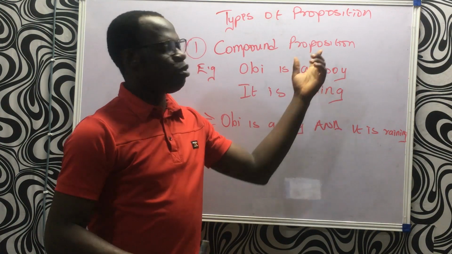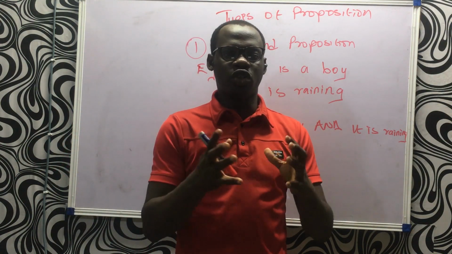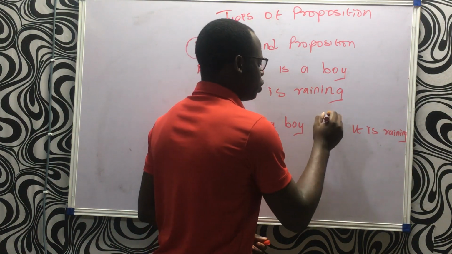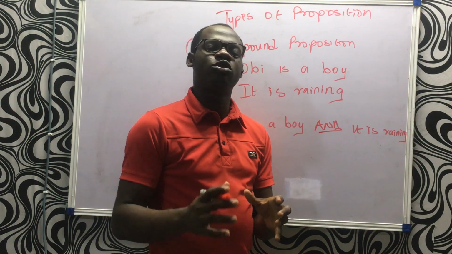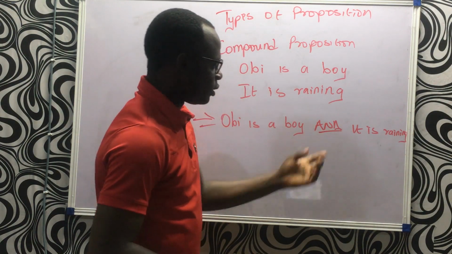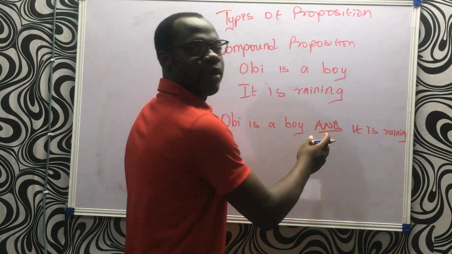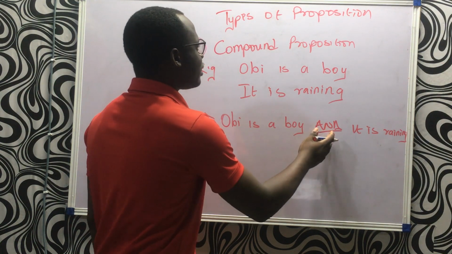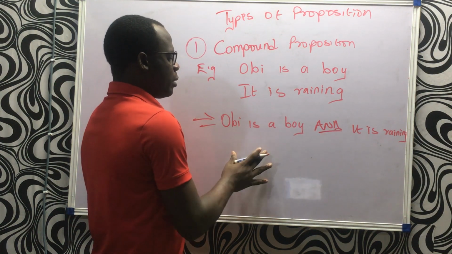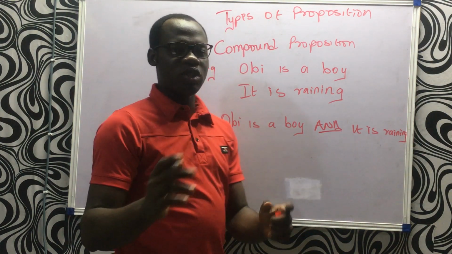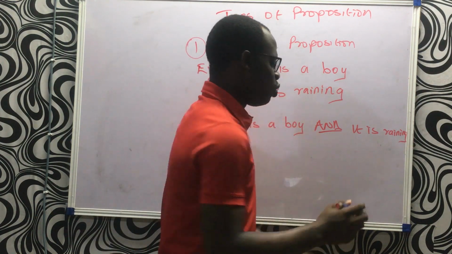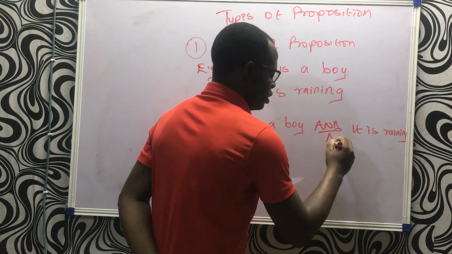Remember we said a compound proposition is one that has a conjunction. This is the conjunction here, and. Remember when we looked at the different types of connectives, we have and there. So and is the conjunction between statement 1 and statement 2. Remember, we also said that and has a symbol.